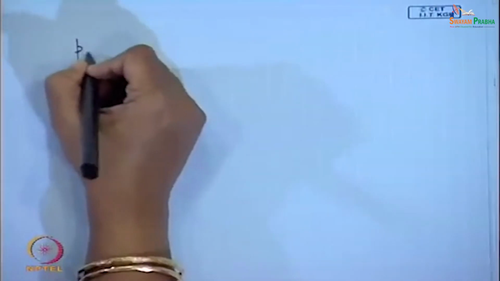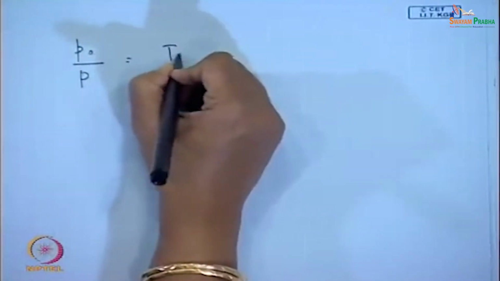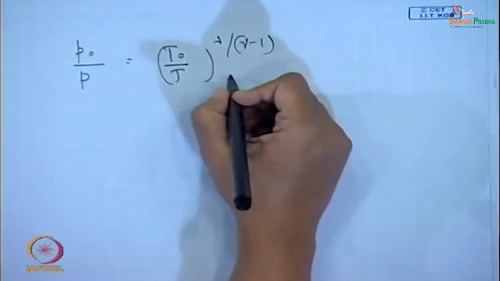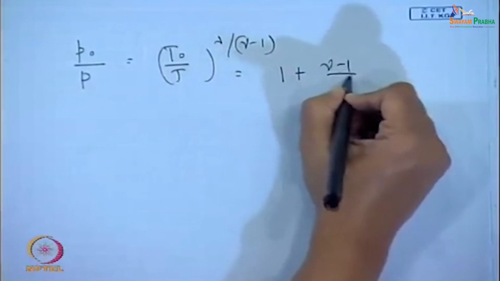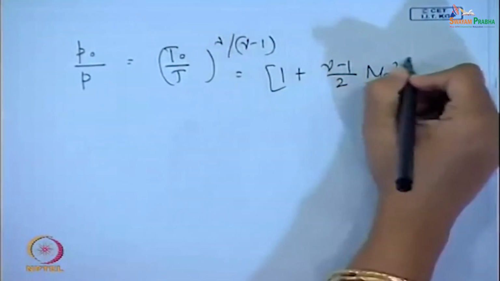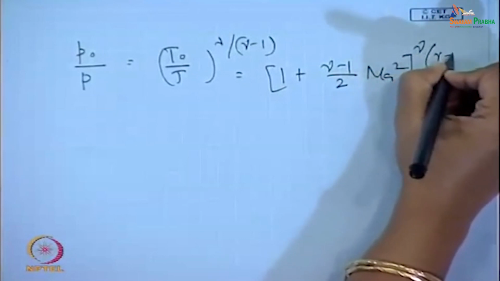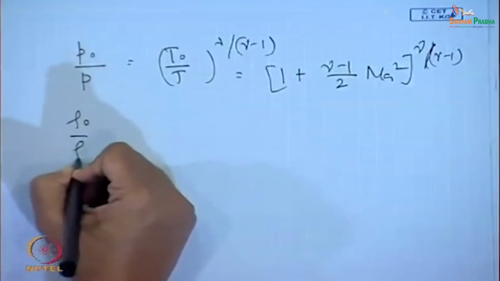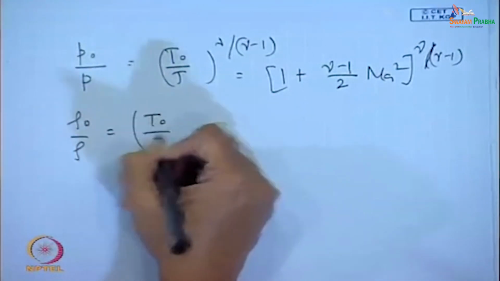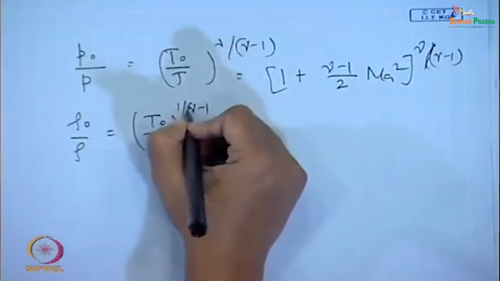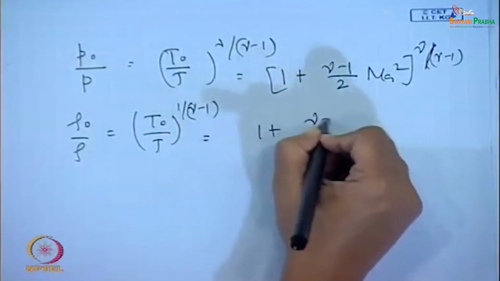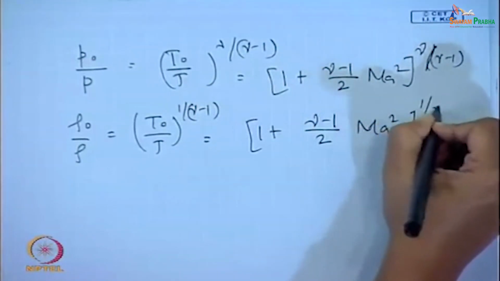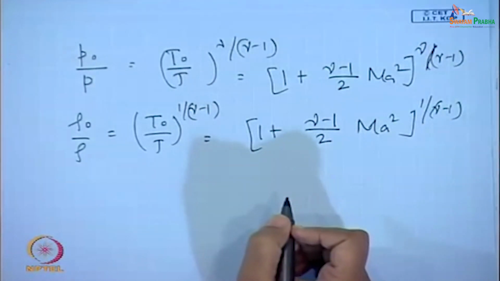In the same terms, we get P0 by P equal to (T0 by T) to the power gamma by gamma minus 1, which is equal to (1 plus (gamma minus 1) by 2 Ma square) to the power gamma by gamma minus 1, is it not. Same way we can write rho0 by rho equals (T0 by T) to the power 1 by gamma minus 1, and this is equal to (1 plus (gamma minus 1) by 2 Ma square) to the power 1 by gamma minus 1, is it not.